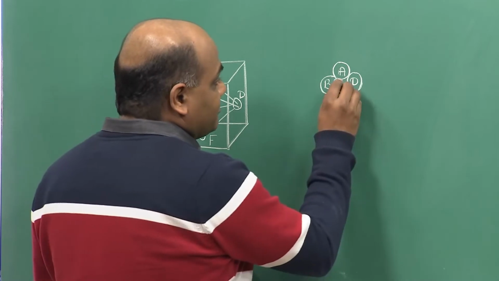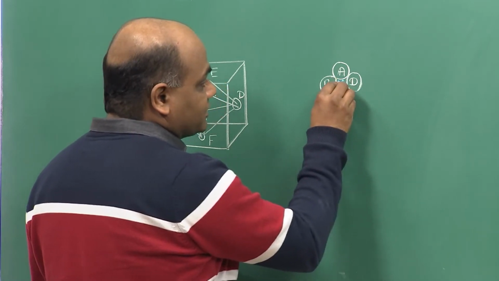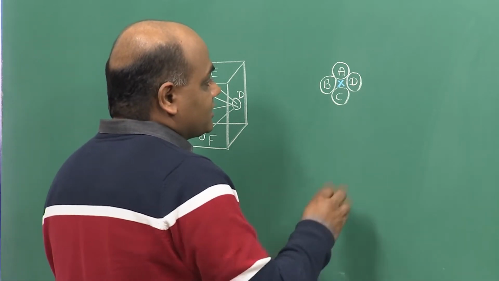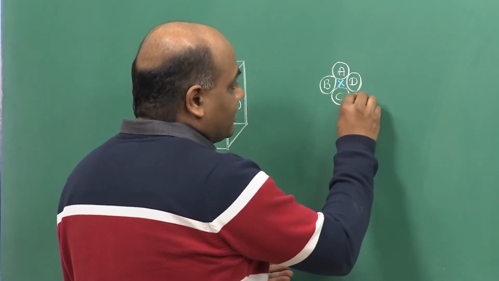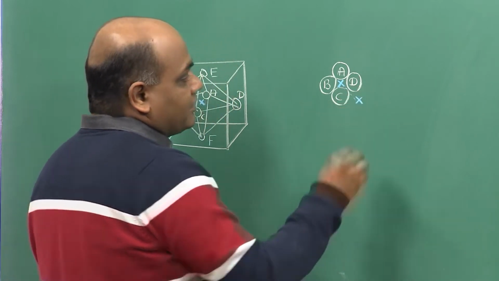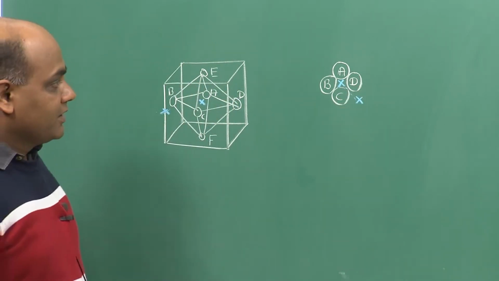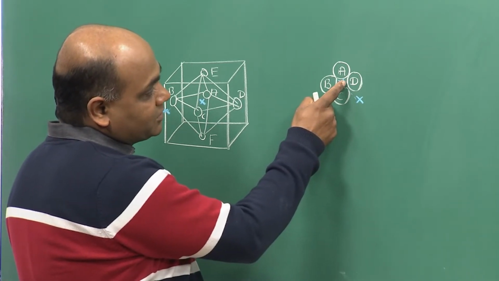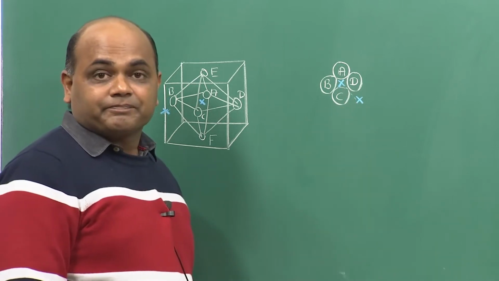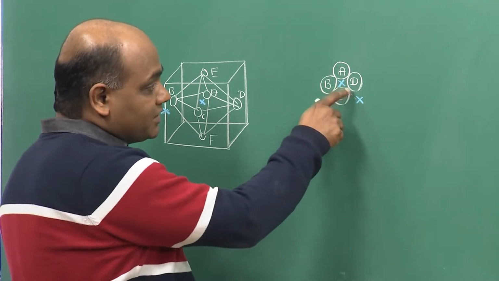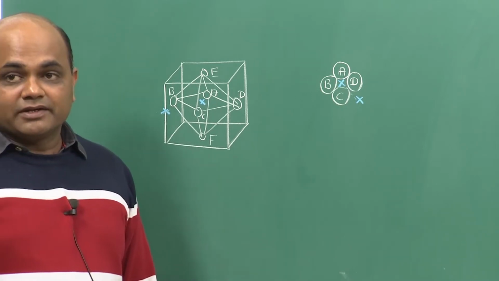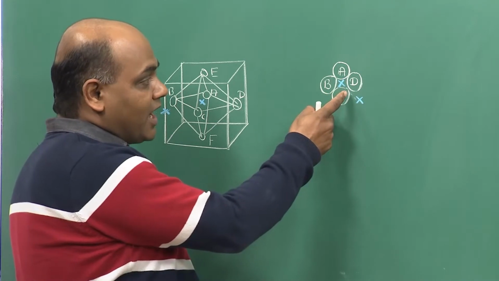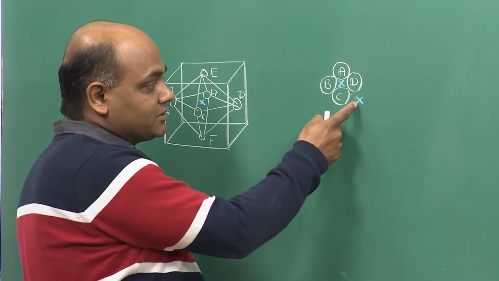So, if an atom sits in this octahedral interstitial position, there will be another interstitial position somewhere here, and as the atom jumps interstitially from this position to the next position, it has to cross an activation barrier, which means in between there will be a state as the atom moves from one interstitial position to the other.